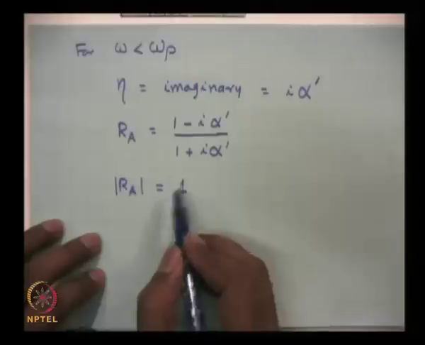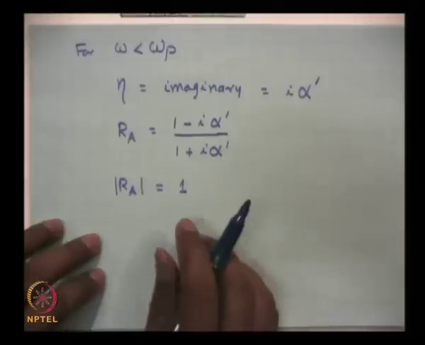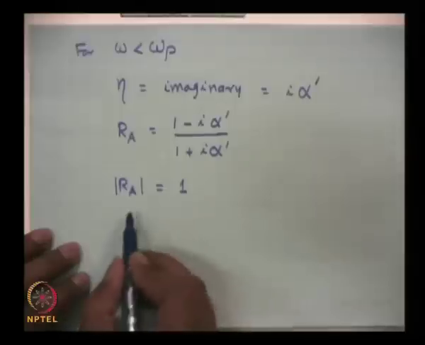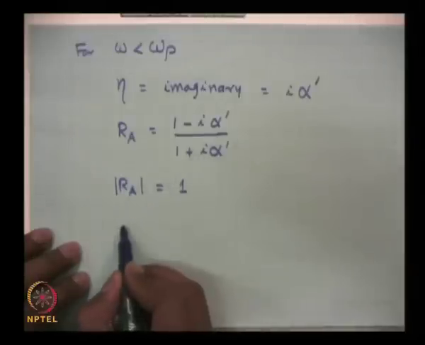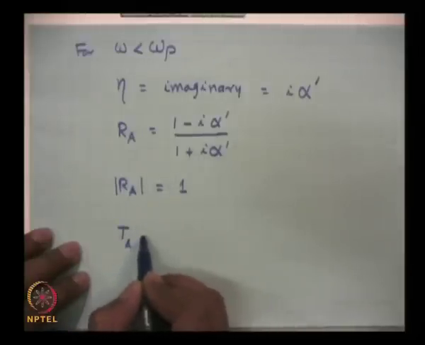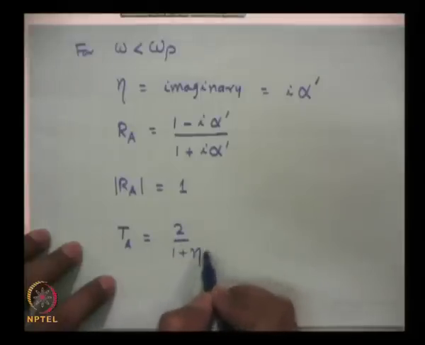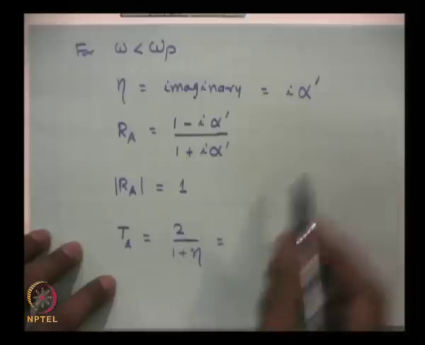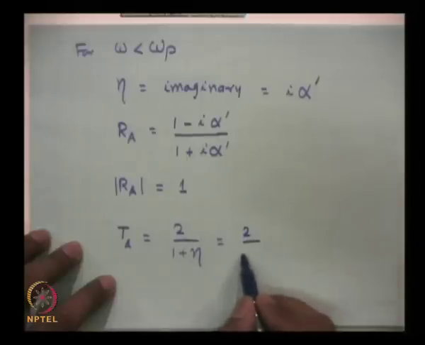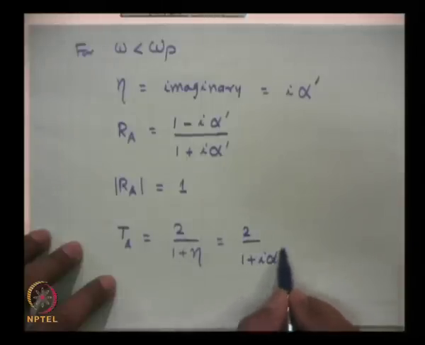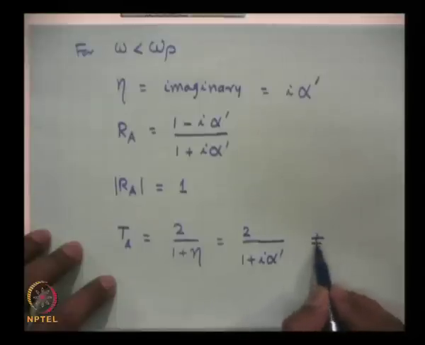Well, we shall elaborate on these issues later. Another important issue is that in this case T is non-zero, amplitude transmission coefficient is 2 upon 1 plus eta. If eta I put I alpha, it becomes 2 upon 1 plus I alpha prime, which is non-zero.